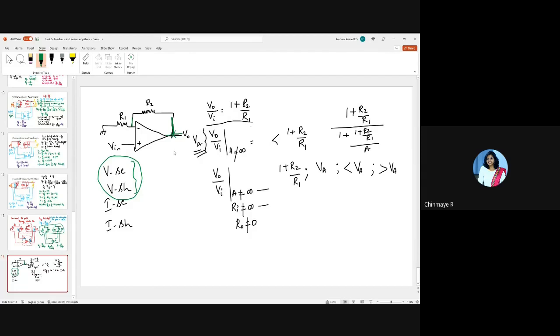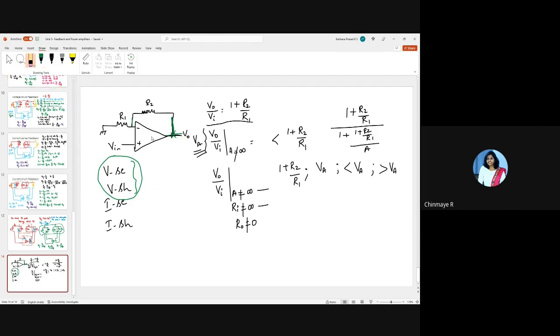Now, similarly, if we consider other non-ideal effects like finite input impedance and finite output impedance, then obviously the gain V0 by Vin decreases much further. We'll do an example for that. But before that, we'll try to identify what kind of feedback this circuit has.